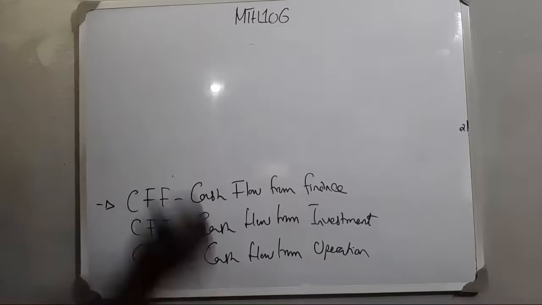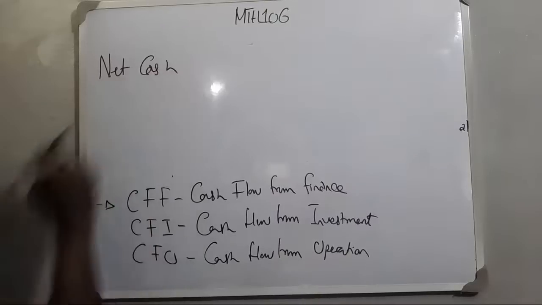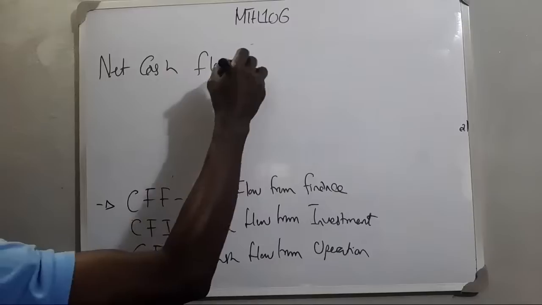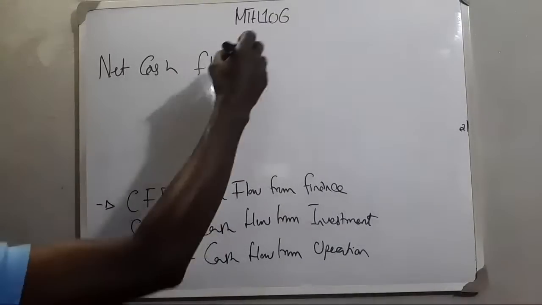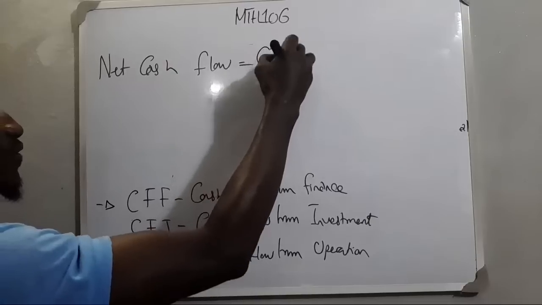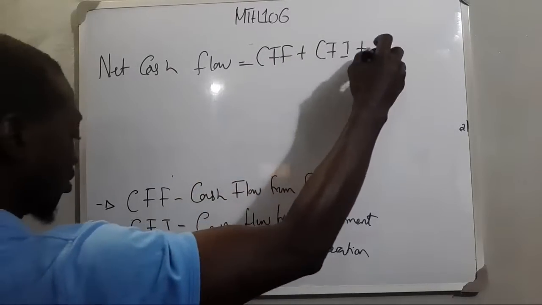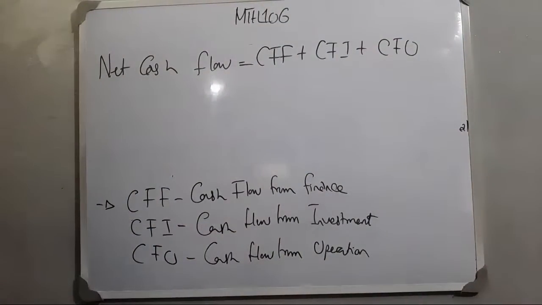To get our net cash flow, we have CFF plus CFI plus CFO. This will give us our net cash flow.